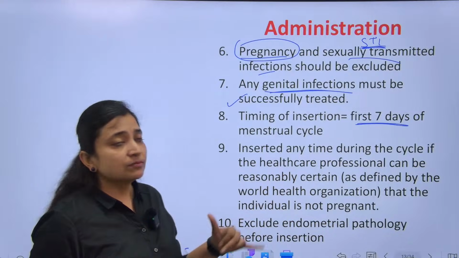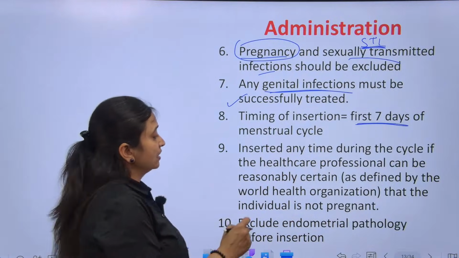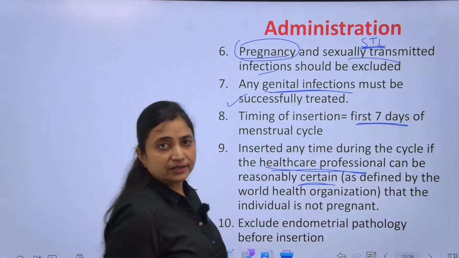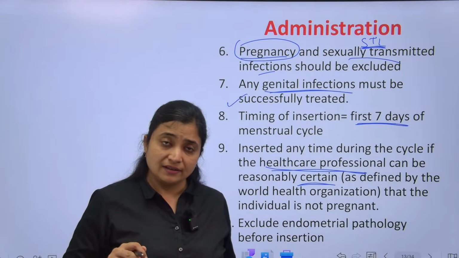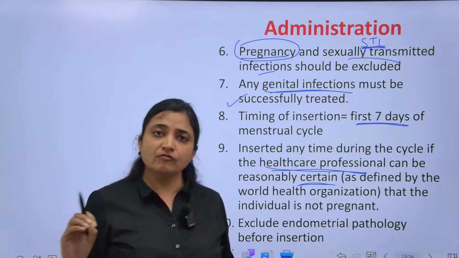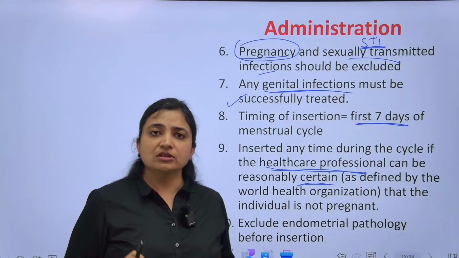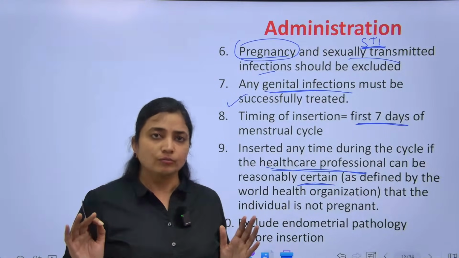But if the patient comes at some other time of the cycle and the patient and the healthcare professional are absolutely certain that she is not pregnant, then we can put it at any time of the cycle, but we will have to ask the patient to abstain from vaginal intercourse for the coming 7 days, or she should use a barrier contraceptive, because till 7 days she is still not protected.